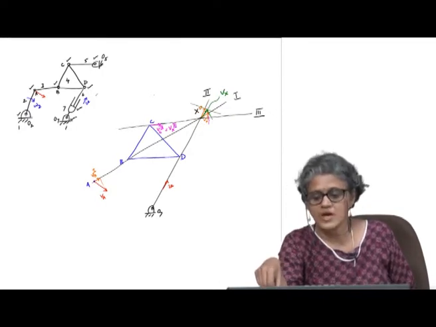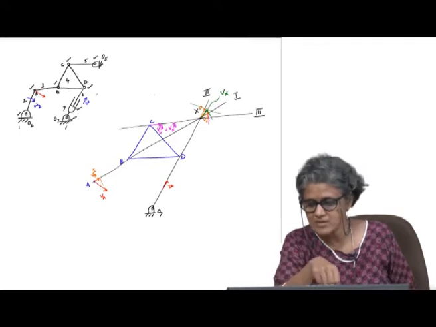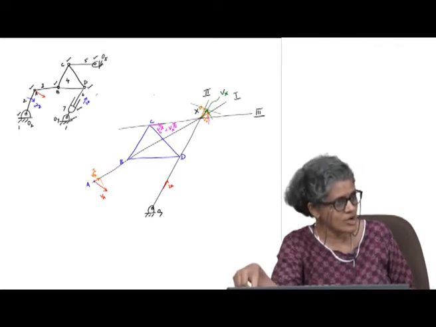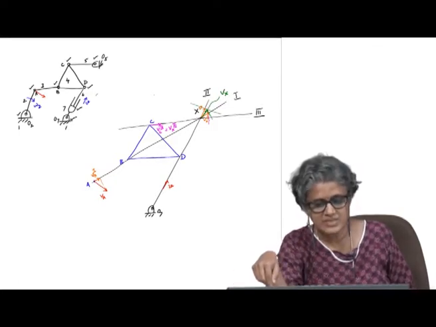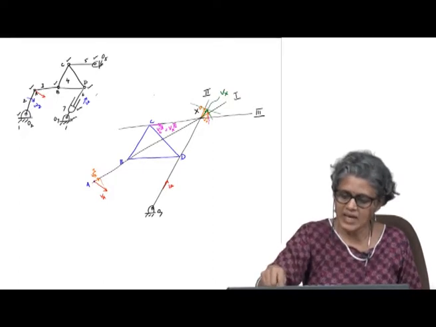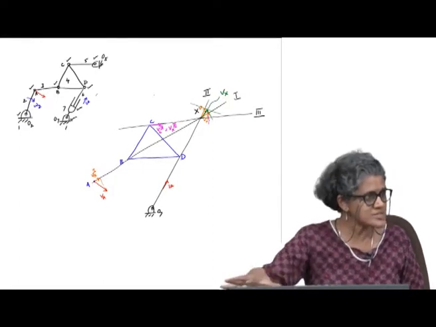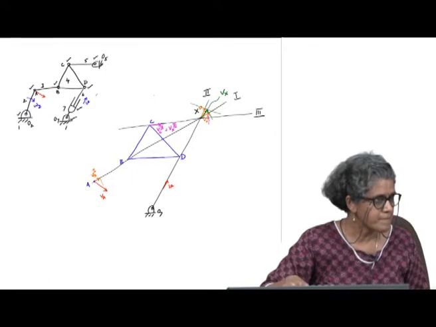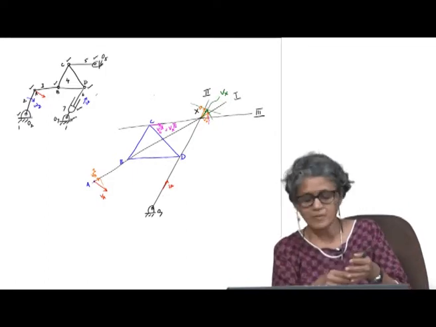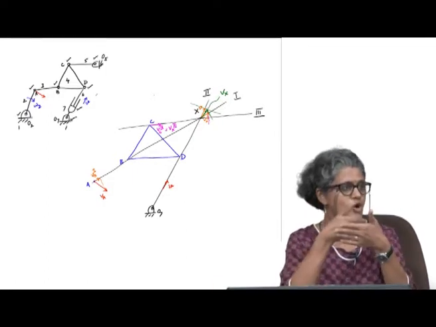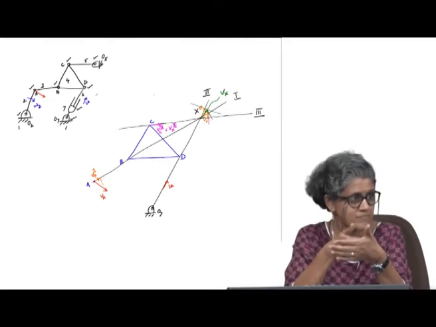If I draw the auxiliary line connecting C, D, X, they are all now points on the same body. That is the basis for what we are doing here. They are all points on the same rigid body.